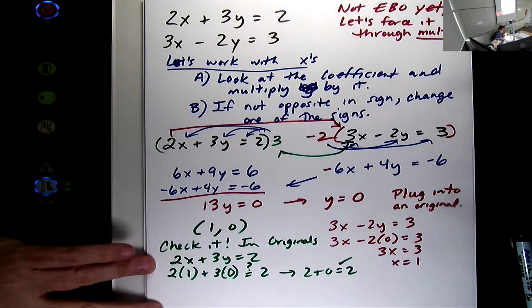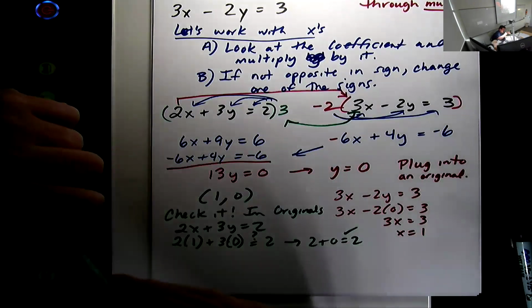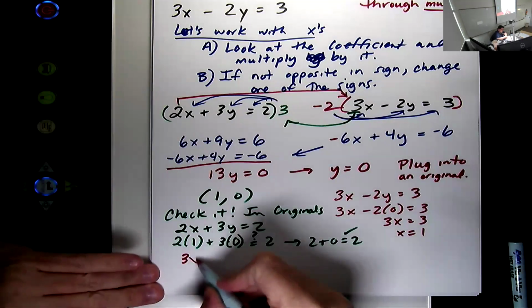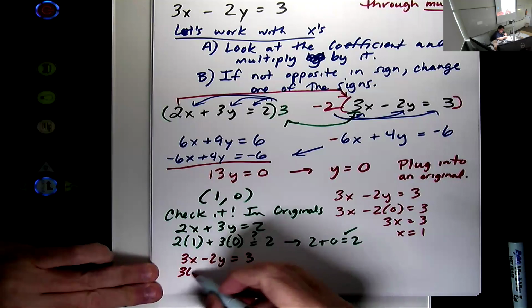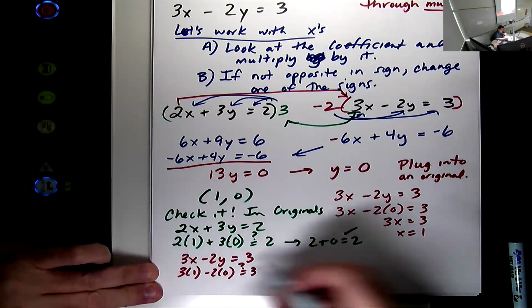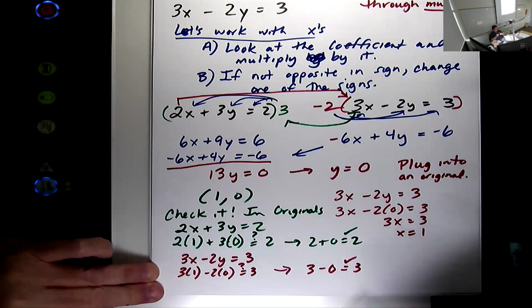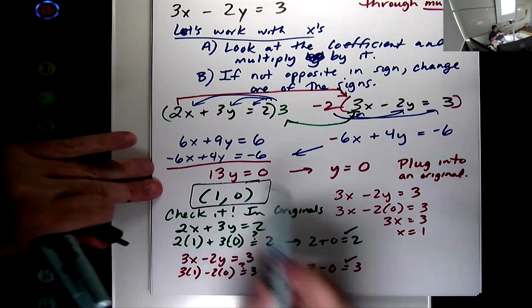That works. Now we'll check it in the other one. 3x minus 2y equals 3. 3 times 1 minus 2 times 0. Does that equal 3? 3 minus 0 does equal 3. We verified it in both, it works. (1, 0) is our solution.